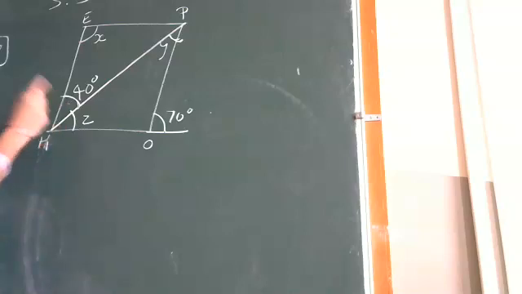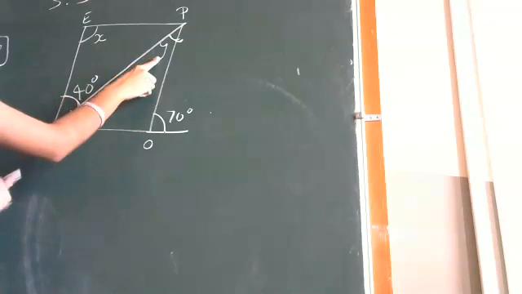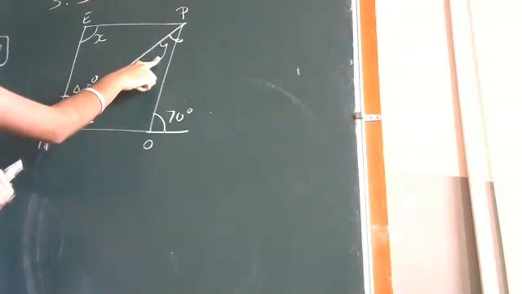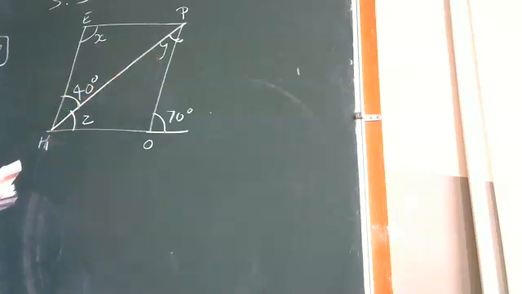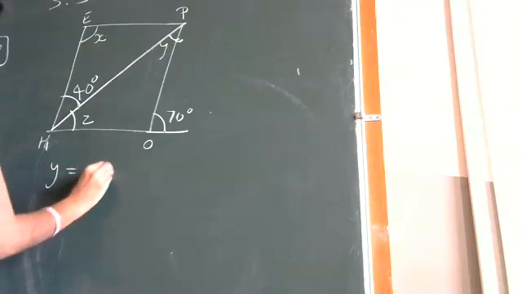Vertically opposite angles. Okay. So if this is 40, how much should this measure? It is opposite to each other. So if opposite angles are same, right, then Y will be equal to 40 degree.